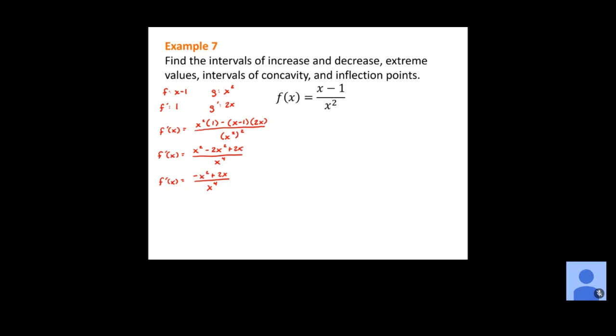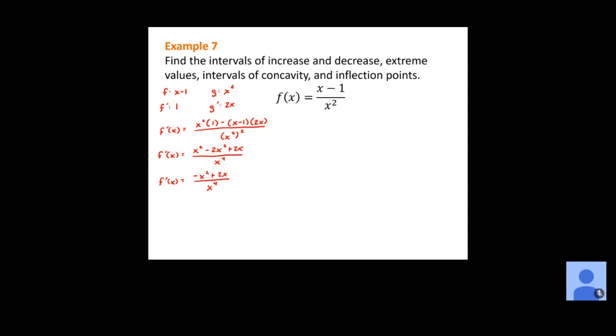All right, so now that we have this, what can we do? What do we have to do with that first derivative now?